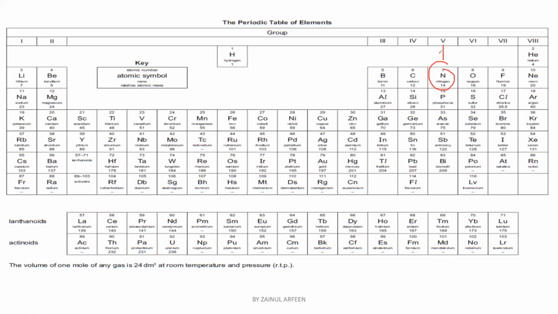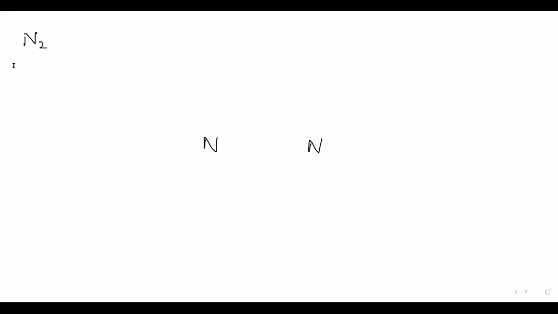Nitrogen belongs to group 5. So if it belongs to group 5, how many electrons will it share? Nitrogen is a group 5 element, so it will share 3 electrons.